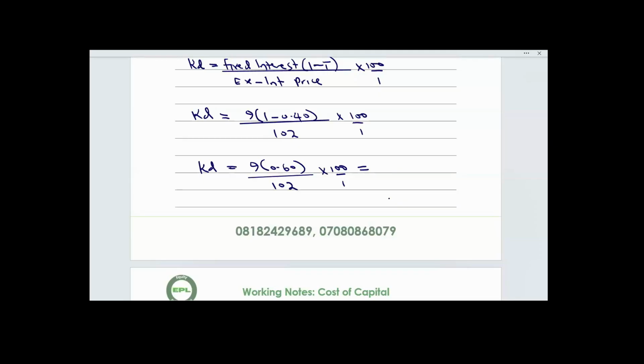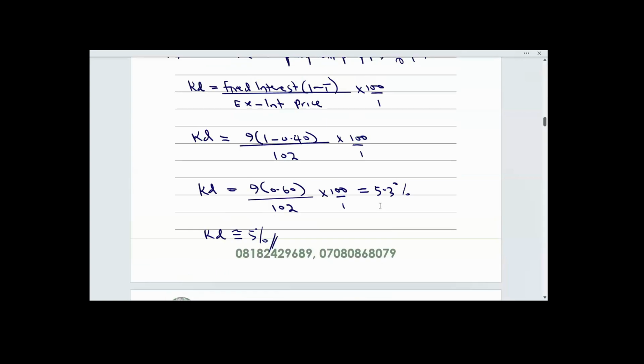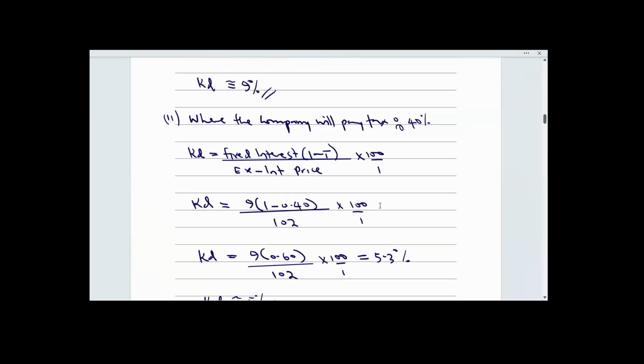You got 5.3, right? So when you approximate this, the cost of irredeemable debenture will be approximately 5%. Okay, so this is how to calculate cost of irredeemable debt where there is tax.